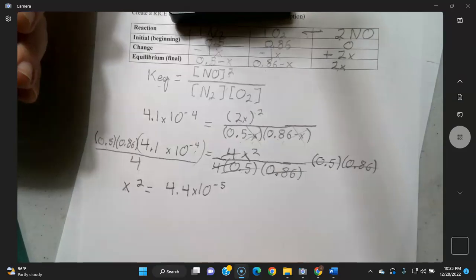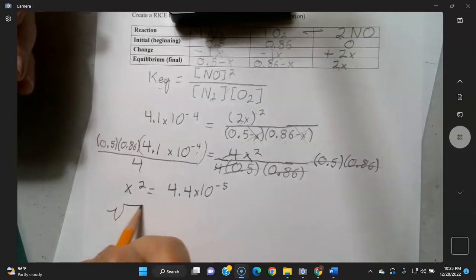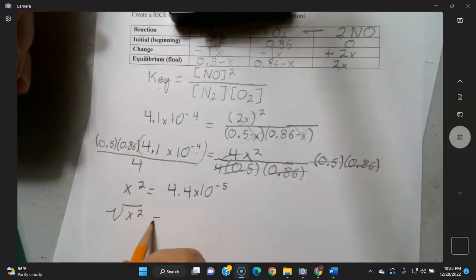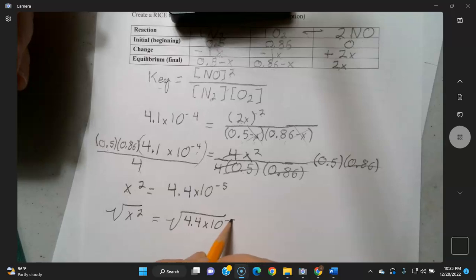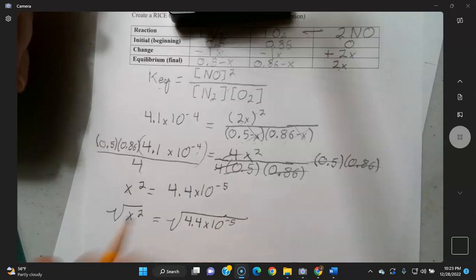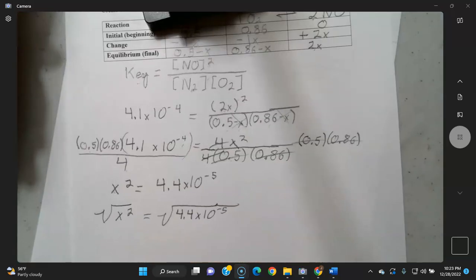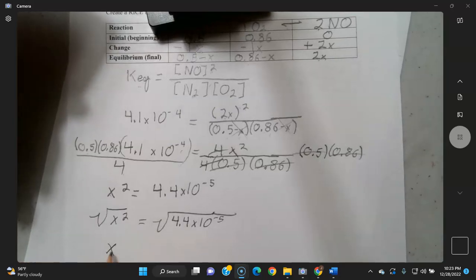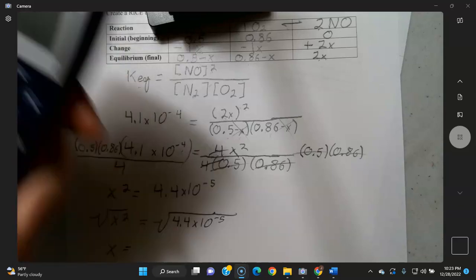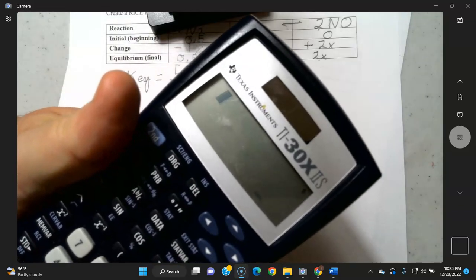That equals x squared. So now we take the square root of x squared, and we take the square root of 4.4 times 10 to the negative 5th. Okay, there we go. So that means to get x, we're going to take the square root of this. So let's go ahead and do that. Let's practice that here.